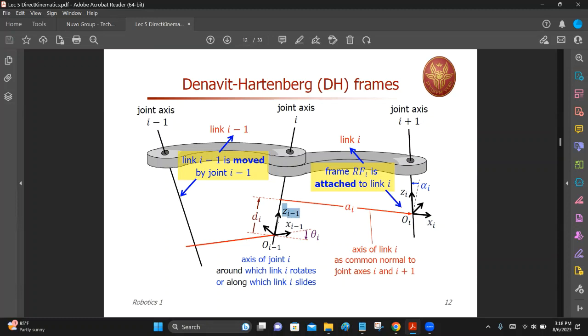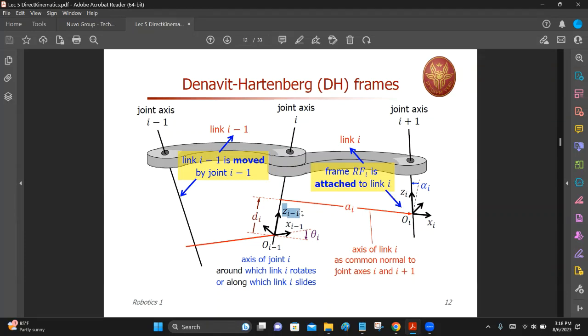And then the distance d I is the distance from x i minus 1 to x i along z i minus 1. If you look at these 2 motions, they are both with respect to the same axis, z i minus 1. With respect to the same axis, there's a rotation and there's a displacement.